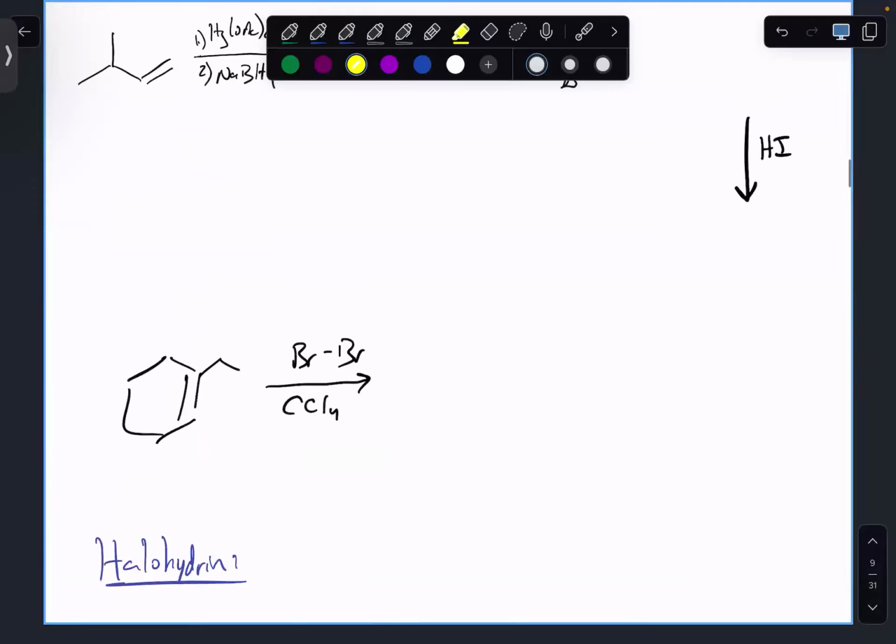Let's look at this example. So we're going to use this as our starting material. Now, mechanistically, it's going to be the same thing. The pi electrons are going to go out and attack the bromine, and it's going to form that bromonium ion.